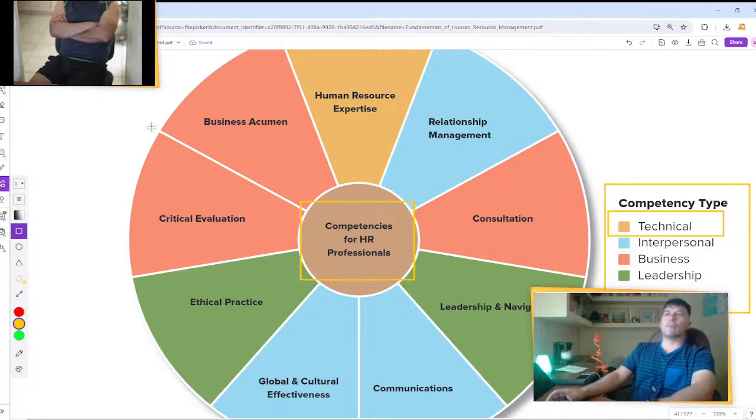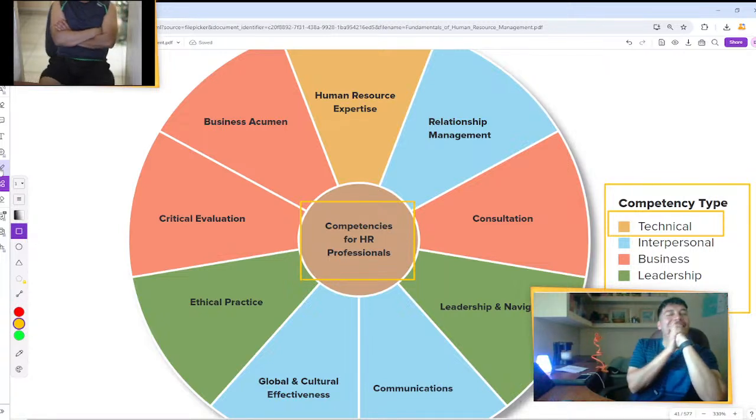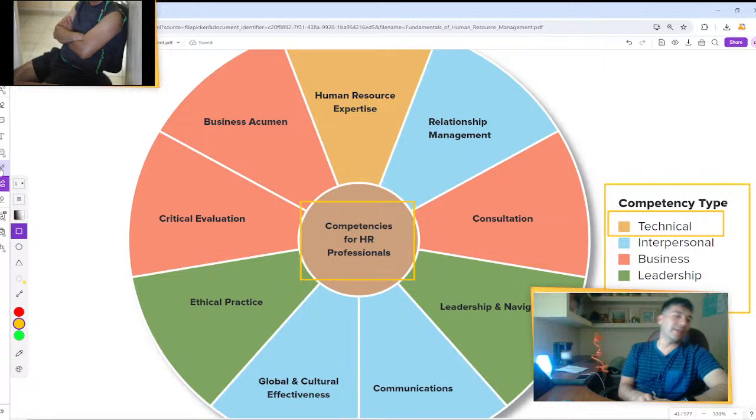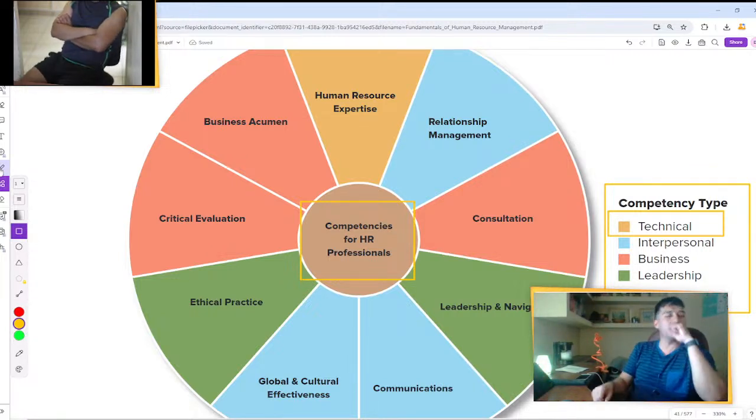The way I think about the technical stuff is: what are the different things that every human resource department has to do, in your hotel and in every other hotel? To hire people, to train them, and do the planning.